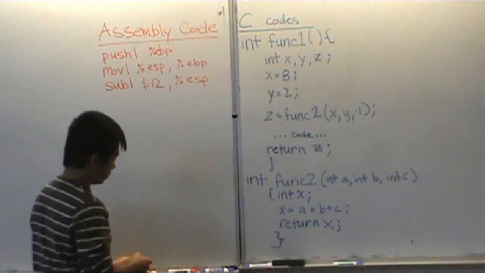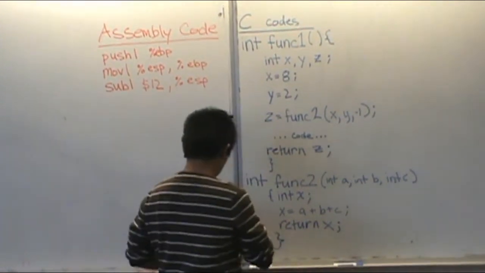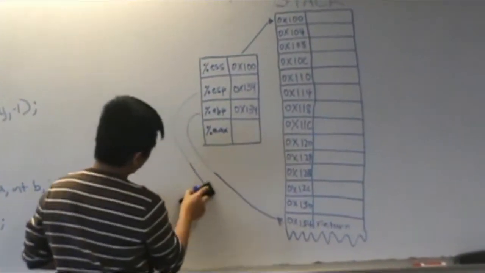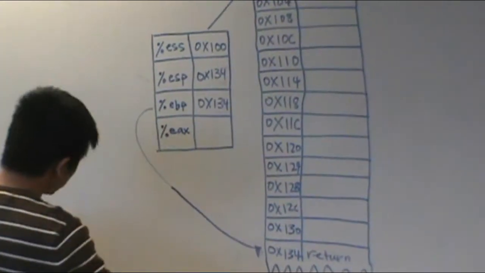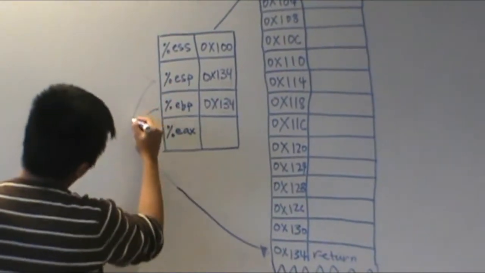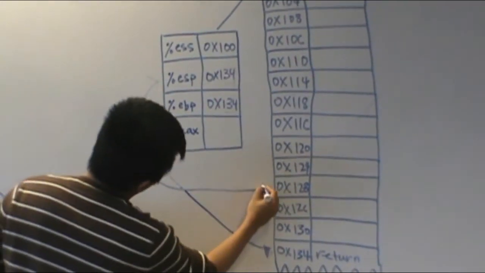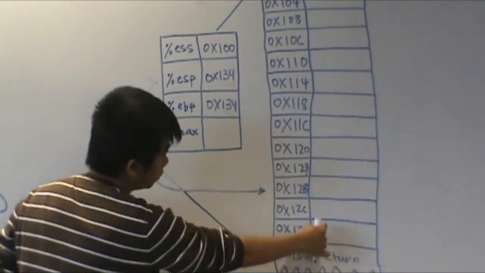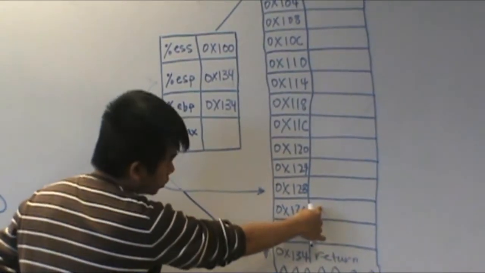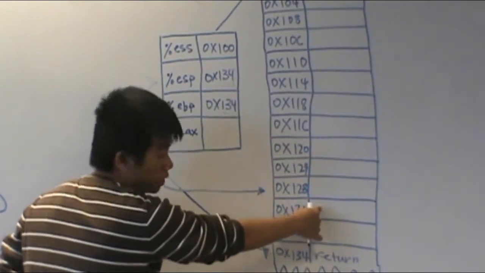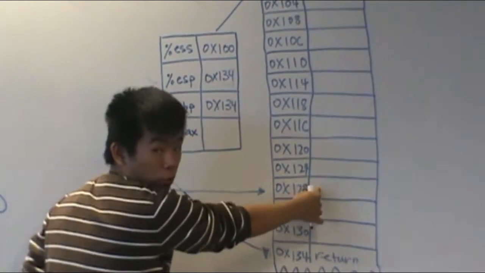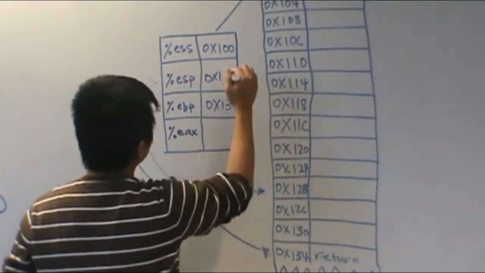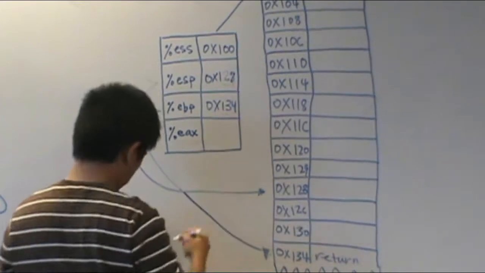This will make the ESP pointer move up to 128, because that's 1 for the x value, the second one, which is 8, is for the y variable, and 128 is for the z variable. So 134 becomes 128.